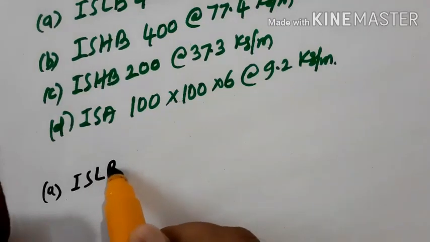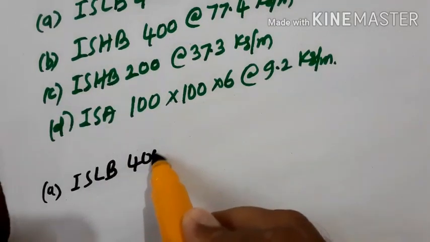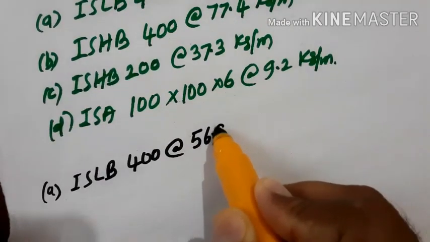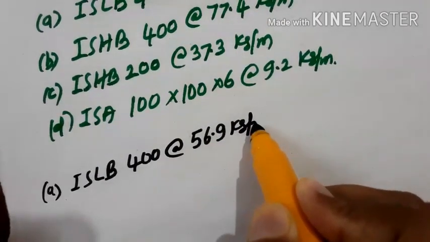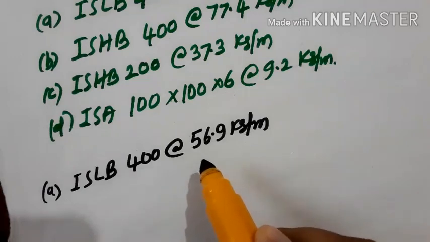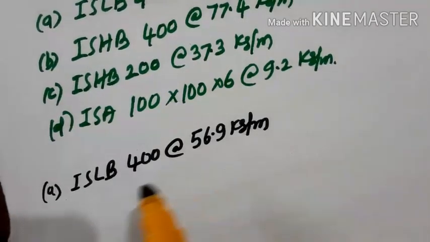We'll check this particular section, ISLB, Indian Standard Light Beam 400 at 56.9 kg per meter, whether this section is plastic, compact, semi-compact, or slender.